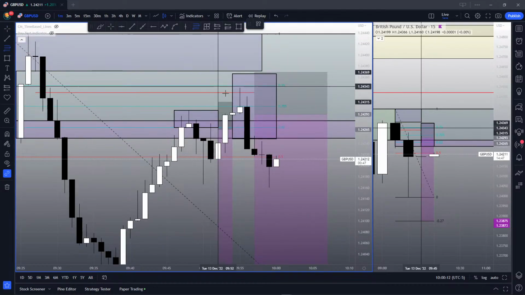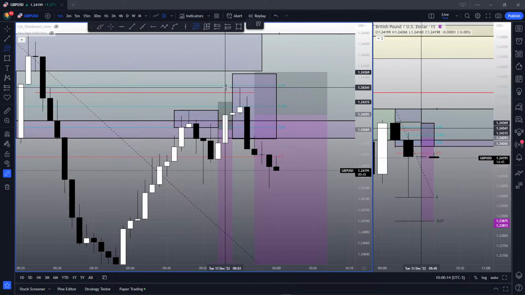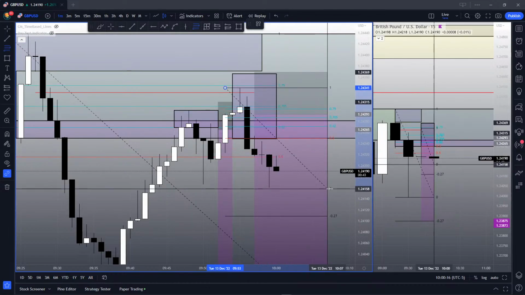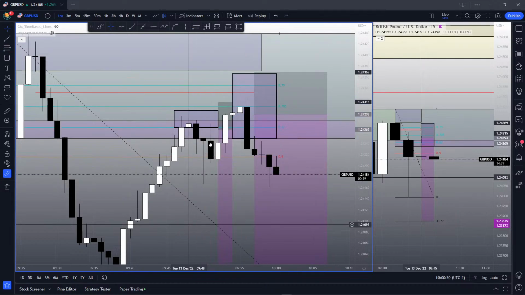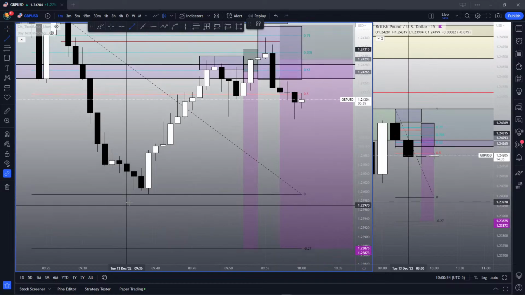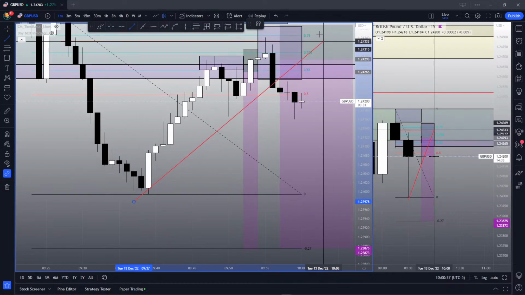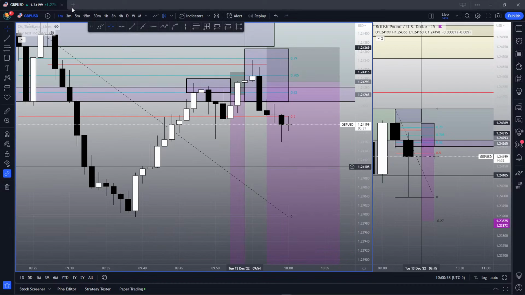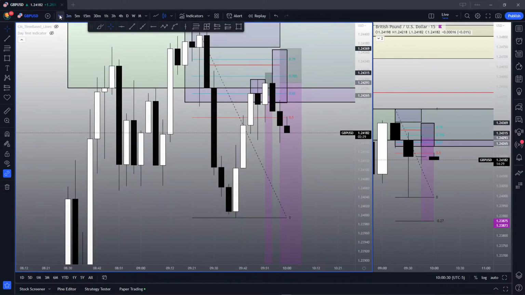Wick through. Still a bit calm there. See here. Stop loss are really much bigger.